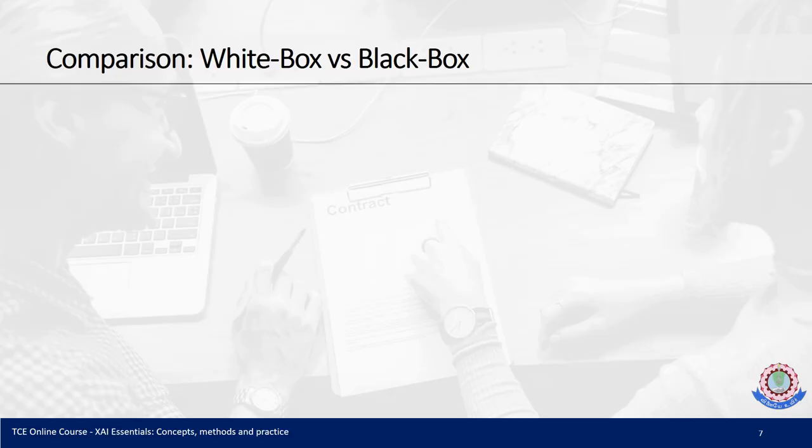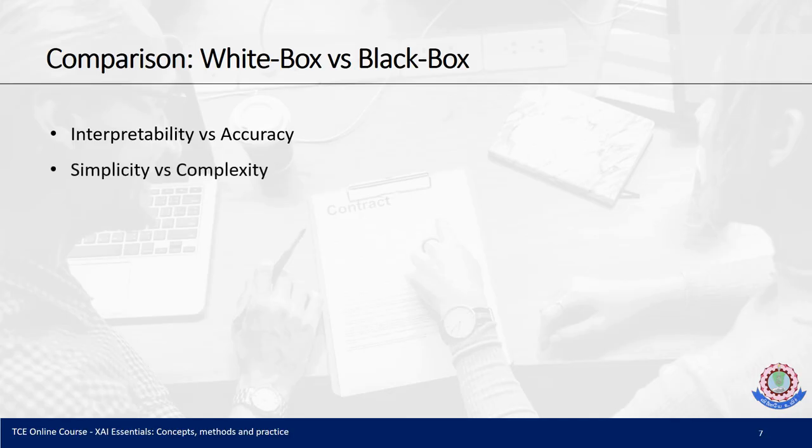The key difference between white box and black box models lies in the trade-off between interpretability and accuracy. White box models are simpler and more transparent, but many struggle with very complex data. Black box models are powerful and accurate but lack transparency.